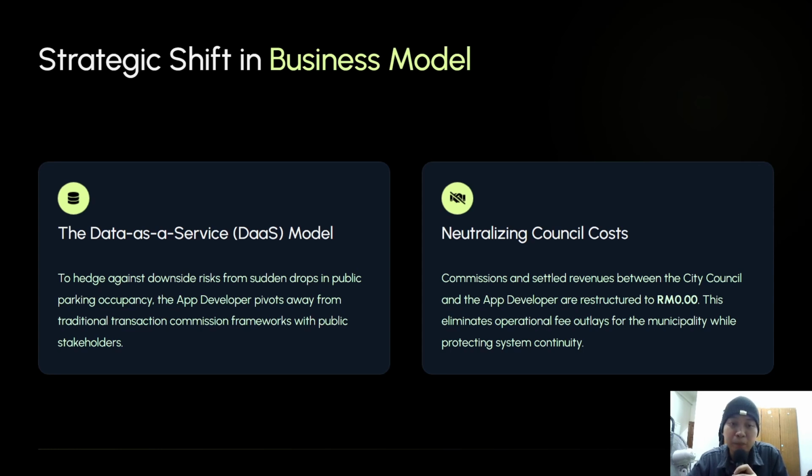The app developer pivots away from traditional transaction commission frameworks with public stakeholders. It neutralizes council costs; commission and settled revenues between the city council and the app developer are restructured to ringgit Malaysian 0.00. This eliminates operational fee outlays for the municipality while protecting system continuity.